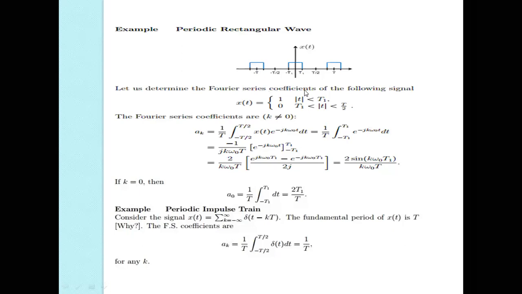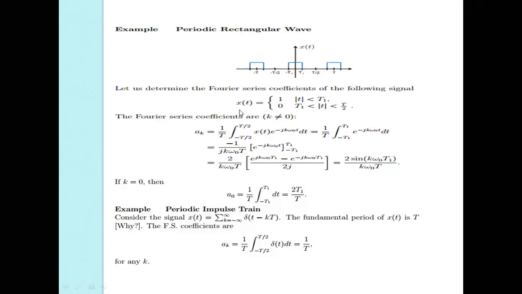It is not the trigonometric Fourier series. The Fourier series coefficients, that is a of 0, a of k and b of k, you have to find out. You can substitute all these coefficients in the x of t equation, then it becomes a trigonometric Fourier series.